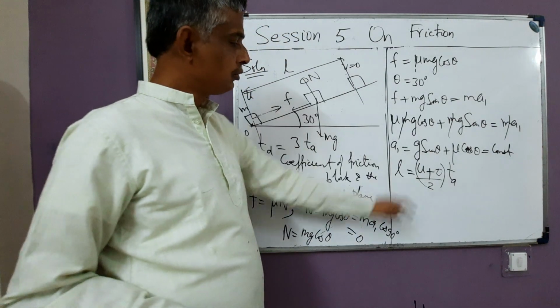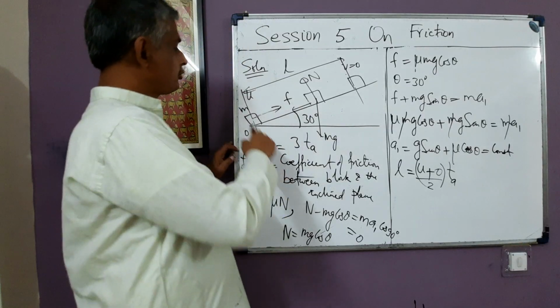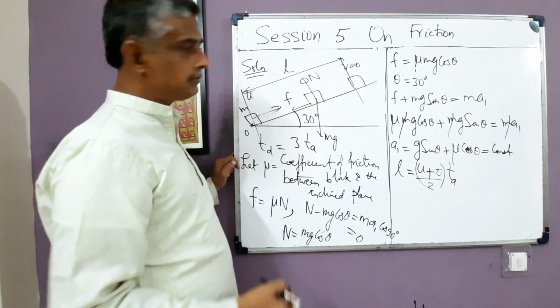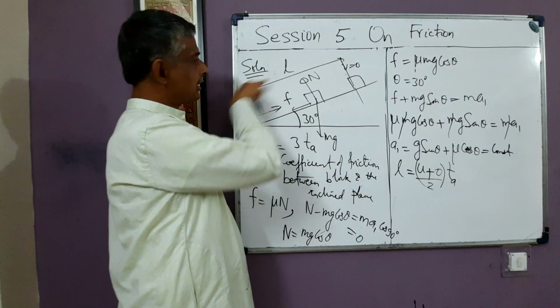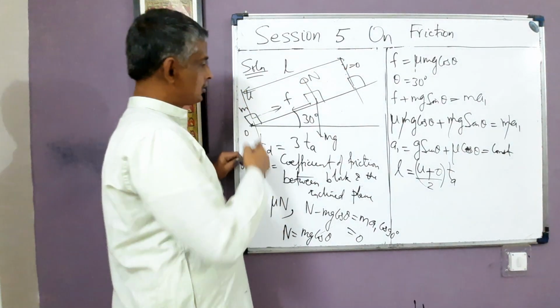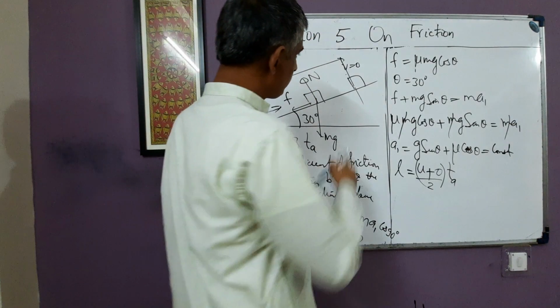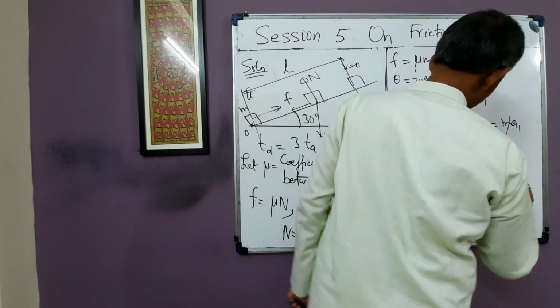Now how to find u? u is not given. During its upward journey, acceleration of the block has a constant magnitude a1 down the incline and u is initially up the incline. Here v is 0. So apply the formula v equals u plus at to the block during its upward journey. Final v at that point becomes 0.